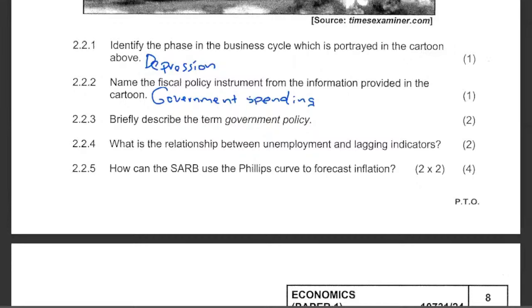Now let's check 2.2.3. Briefly describe the term government policy.